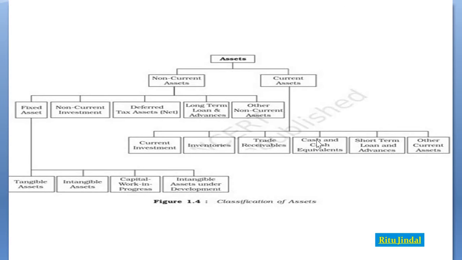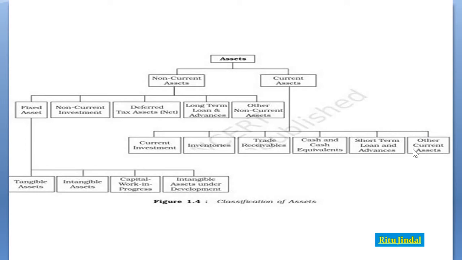Cash and cash equivalent. Cash in hand या आपका cash बैंक में पड़ा है. These are known as the cash and cash equivalent. Short-term loans and advances. The amount या loans given for short time period means mainly for 1 year or within the operating cycle.